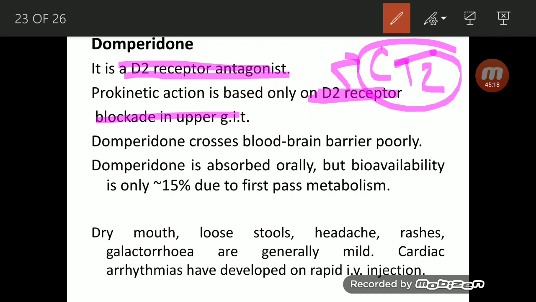Okay, the main antiemetic action is because of its action on CTZ and not because of blockage of D2 receptors in your GIT. So action of domperidone on your GIT will increase your peristaltic movement, will have a prokinetic effect, but the major antiemetic effect is because of its action on your CTZ. Okay.